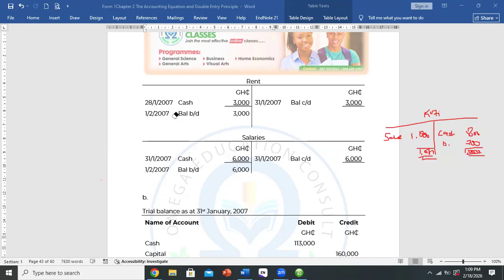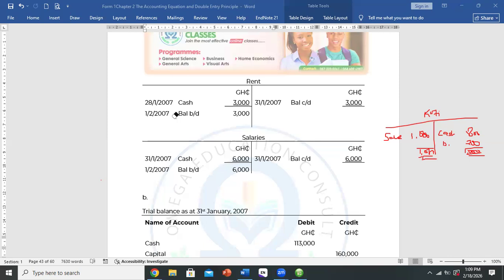But the major highlights of this lesson are that you need to balance your T account to be able to extract a trial balance. When you are doing the balancing, you get a total for both sides. You subtract the difference, and that becomes the balance carried down. And if the debit side is more than the credit side, then that account has a debit balance.